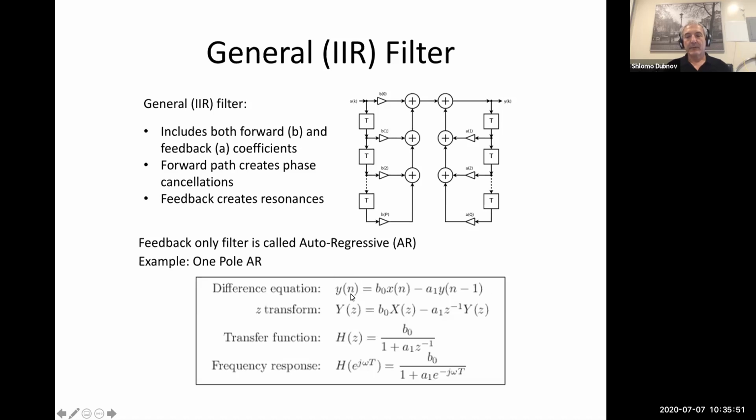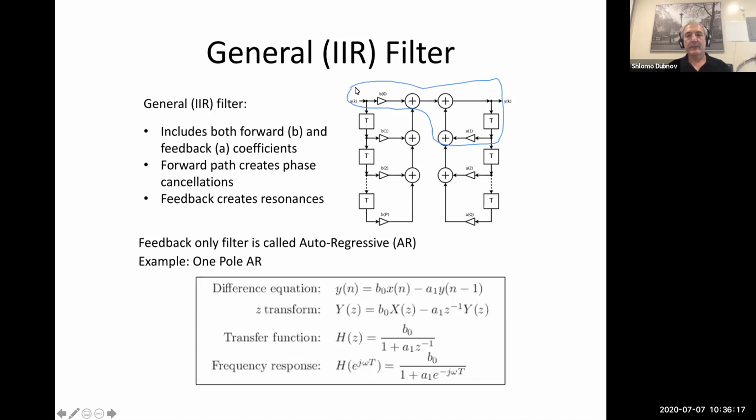You have your output, which is the sample at that moment from the input times B0. So we basically don't have anything except for this path, and then we have only one loop here. So what we'll be looking at is just this section. This is the filter we'll be describing.